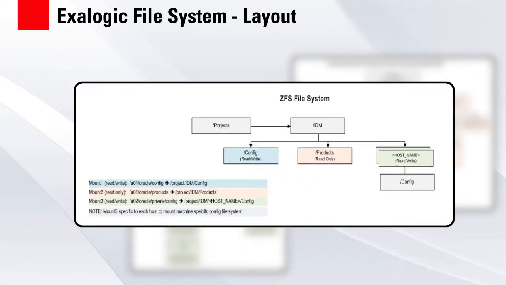Then you create another file system, which is config. So projects, IDM, and config. This is another file system on the ZFS, which is read-write optimized. So here you have your domain directory, and also if you have any persistent store like JMS or any other persistent store that you want to use during the runtime and share across the compute nodes, you write it in the /u01/oracle/config.